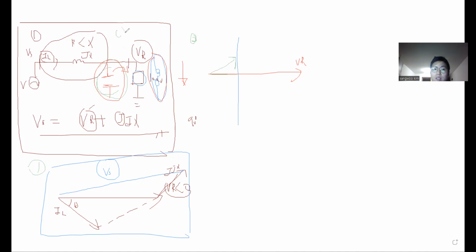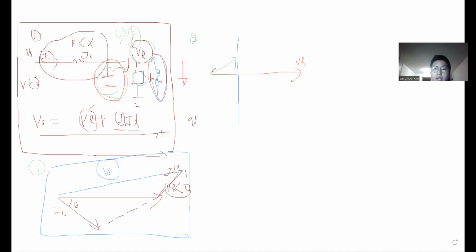So C is like so, which means that at this VR part, the receiving end voltage, there's too much reactive power. So we need to absorb it into the line, you know what I mean? That's why we add the C and then set the following equation.